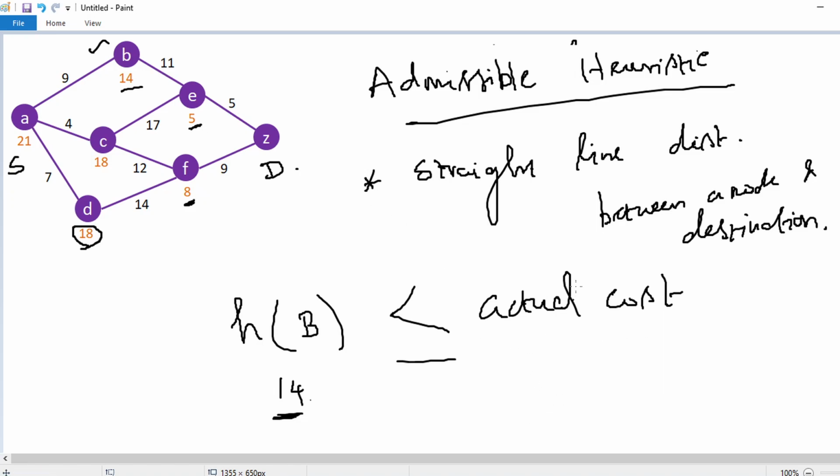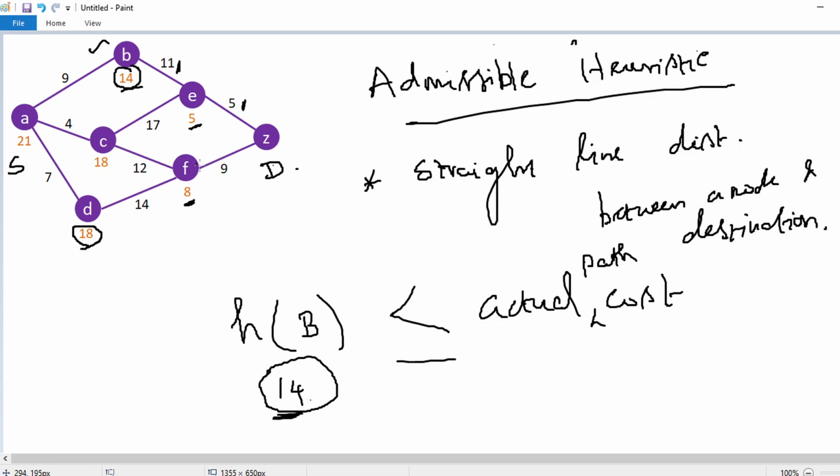That actual path cost should be more than or equal to the heuristic cost, which is 14. You see here, if I am going from B to Z, it is 11 plus 5, which is 16, which is more than 14.